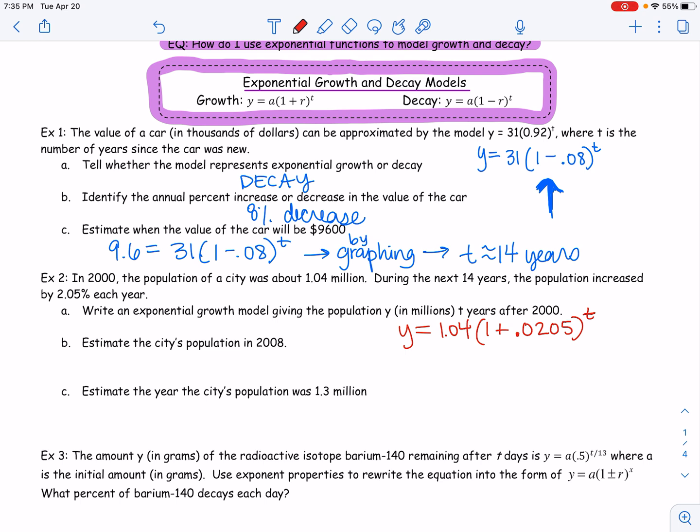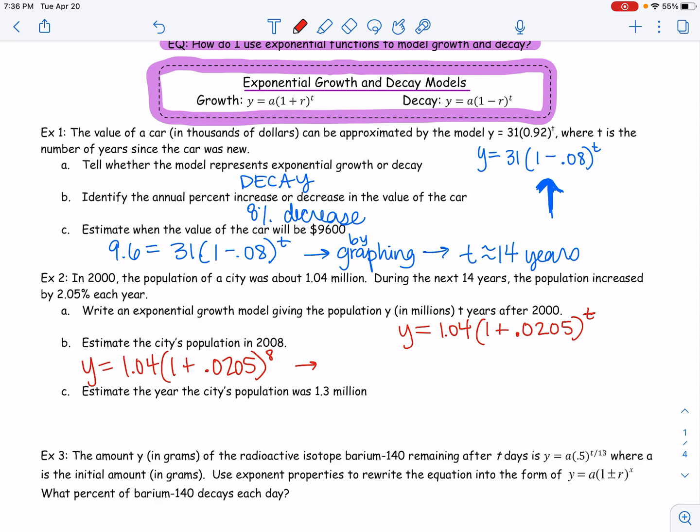The first question is asking, what is the city's population in 2008? So I am solving for a y value, and that means my t value is going to be how many years after 2000? Well, 2008 is 8 years after 2000. So if I plug that in, y is equal to 1.04 times 1 plus 0.0205 raised to the 8th power.